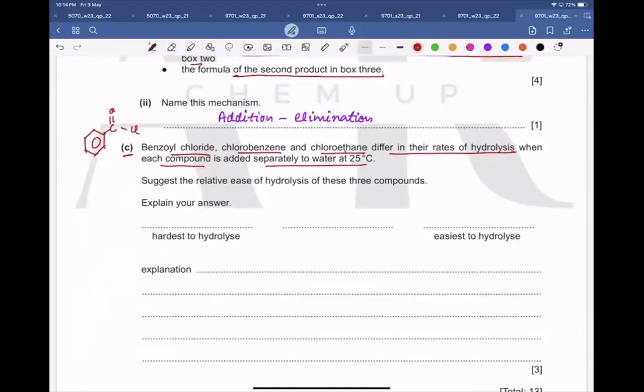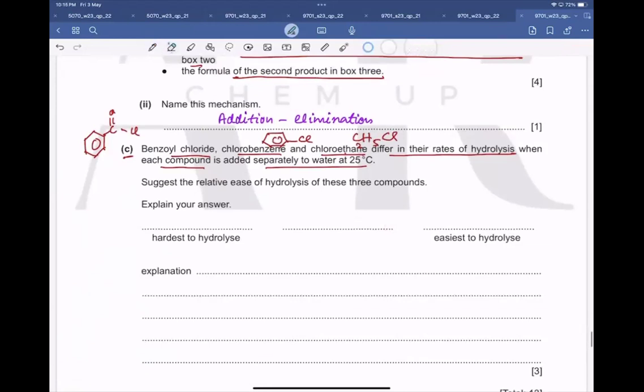Chlorobenzene is a benzene ring with a chlorine, and chloroethane is a C2H5 alkyl chain with a chlorine. So the hardest to hydrolyze is chlorobenzene, because the carbon of the benzene ring and the chlorine have a partial double bond, which makes it stronger.